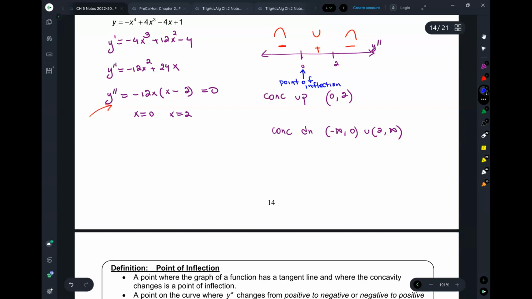For it to be a point of inflection, it's not enough to just qualify to go onto the number line. You also have to do the signs, and only if the signs change is it a point of inflection. So both of these right now are points of inflection. We're going to come back to this over and over again.